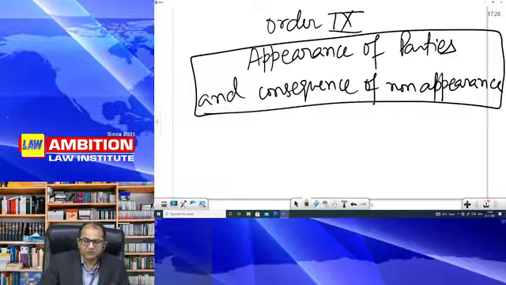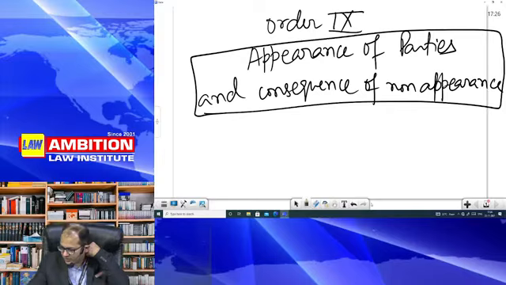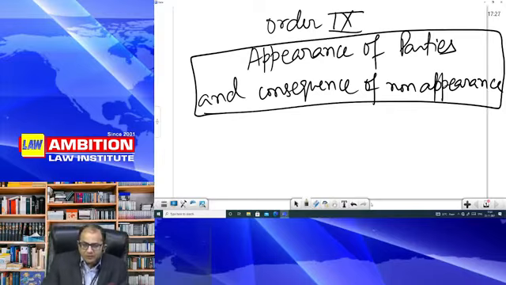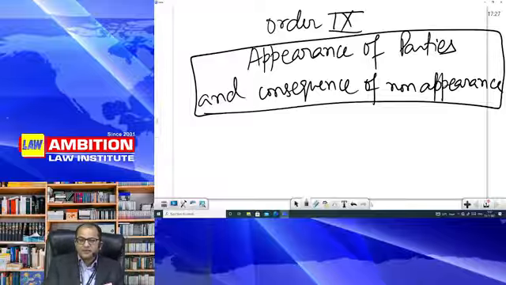We have read the procedure till this point. I have told you that first and foremost the plaint will be filed after drafting as per Order 2, Order 1, Order 4, Order 5, Order 6 and Order 7.